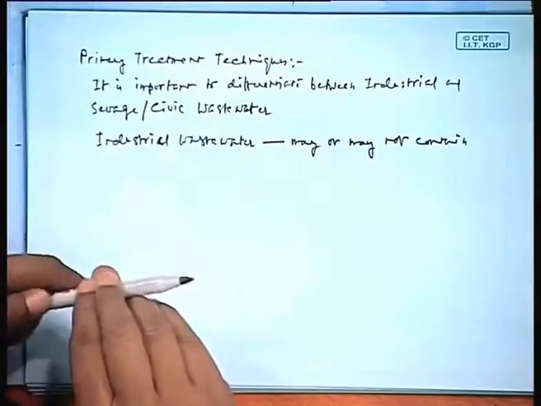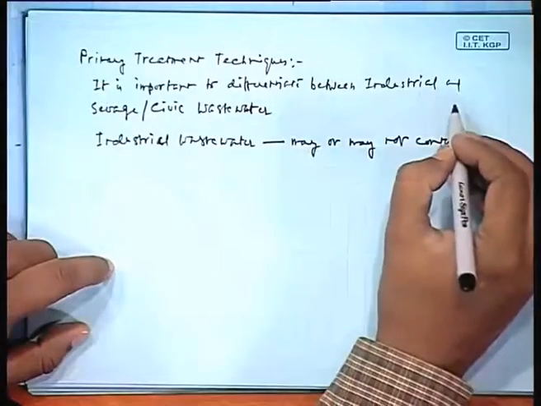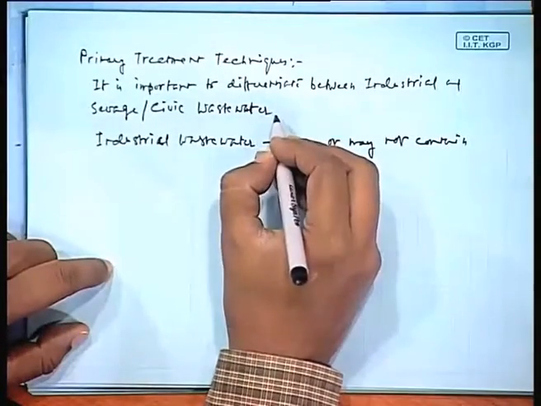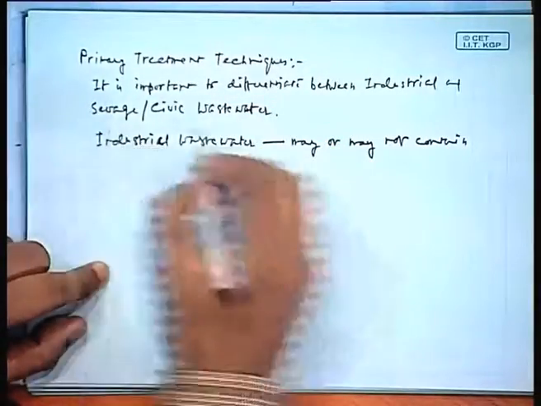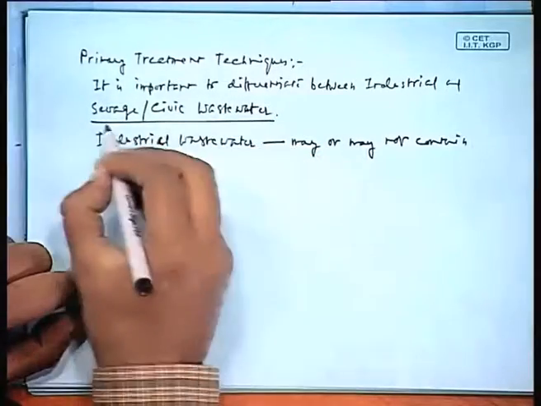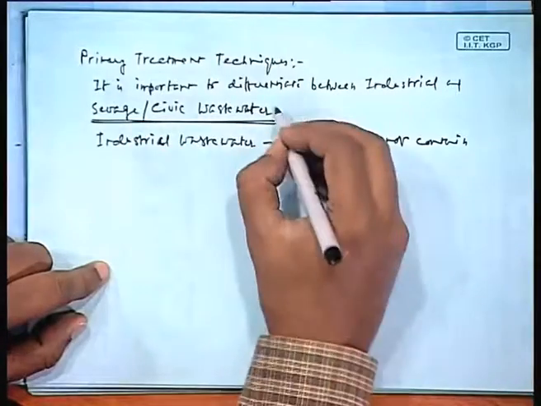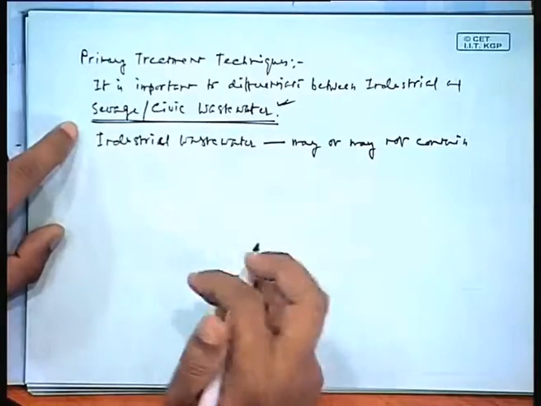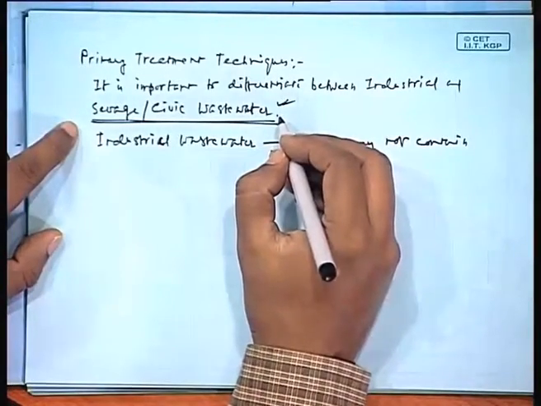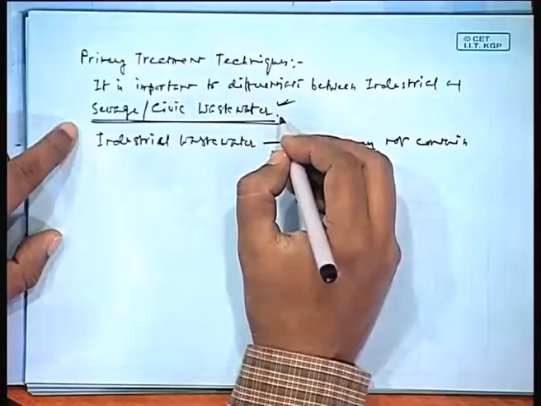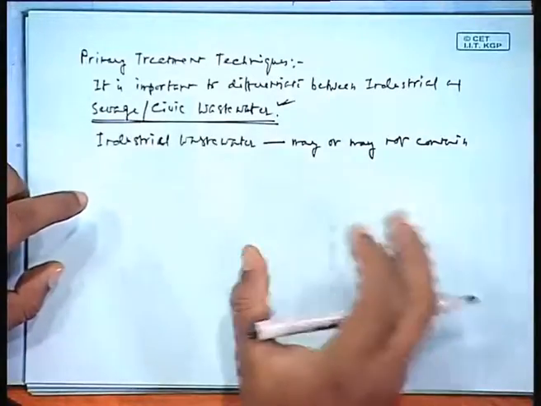Okay. Having said this, it is important to differentiate between industrial and sewage or civic wastewater. Most of wastewater engineering today, civic and town wastewater treatment methods, is quite well developed, but industrial wastewater treatment is still in the process of development.